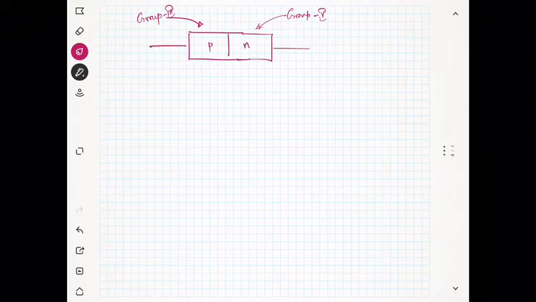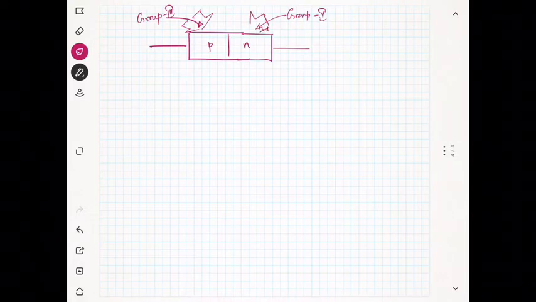We will add more in the case of Zener diode. The doping concentration is pretty high in order to achieve this task.